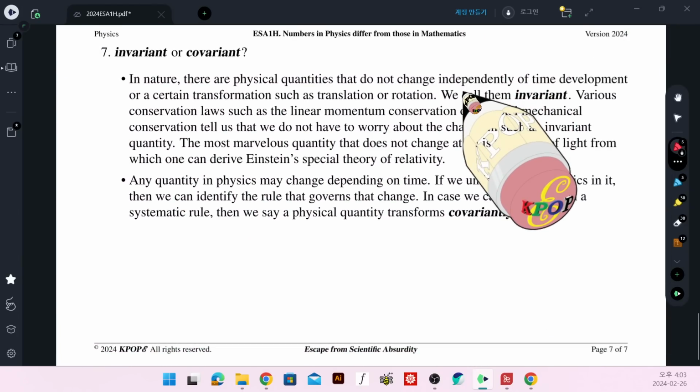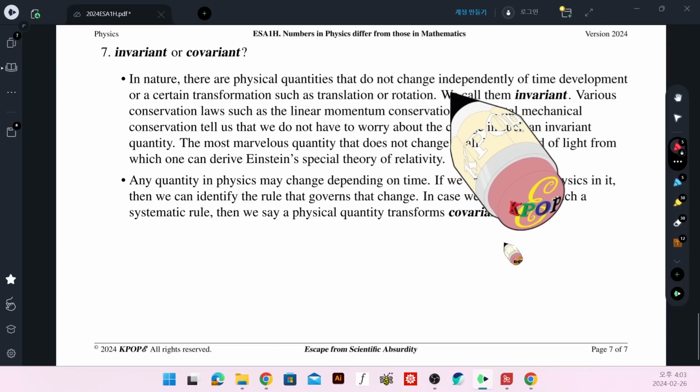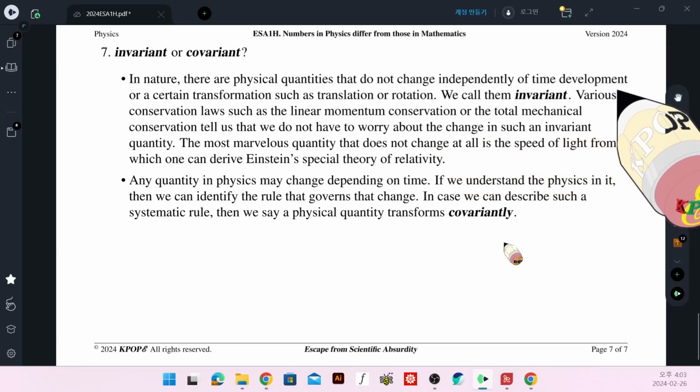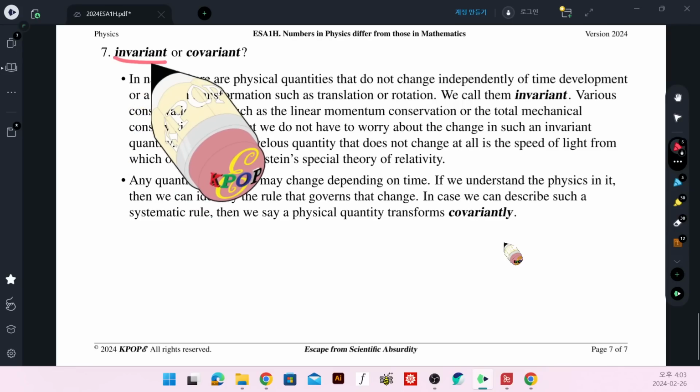Invariant or covariant. In nature, there are many physical quantities that do not change with time development. In that case, we say it is invariant.